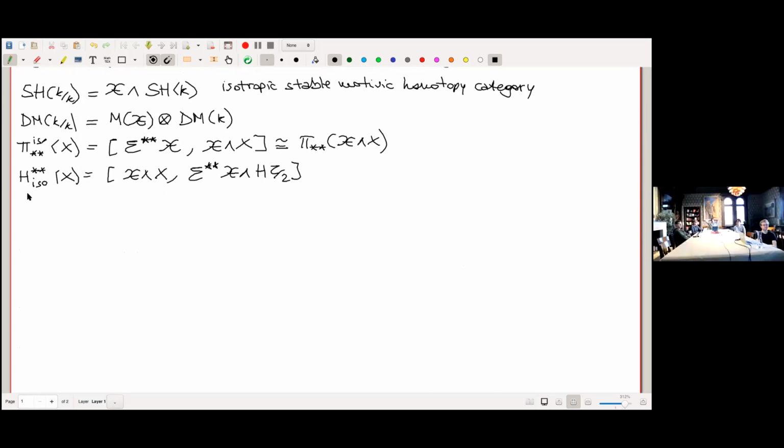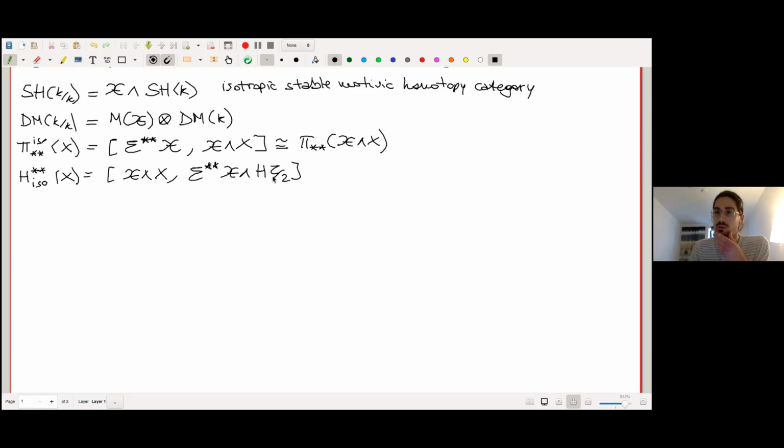Can I ask a question? Can you see the isotropic DM as a subcategory of isotropic SH? Yes, I would say it is the category of chi smash H-Z/l modules inside SH(k) isotropic.